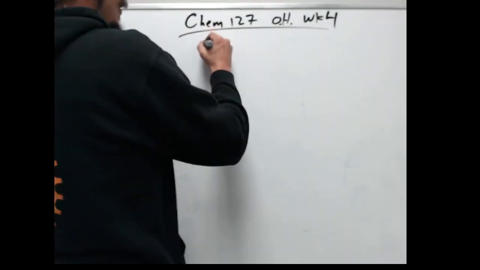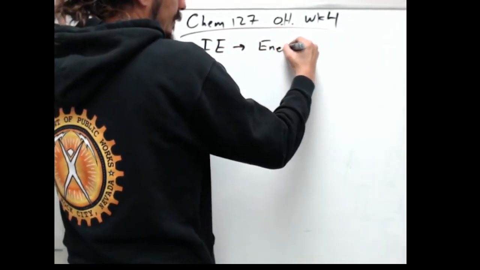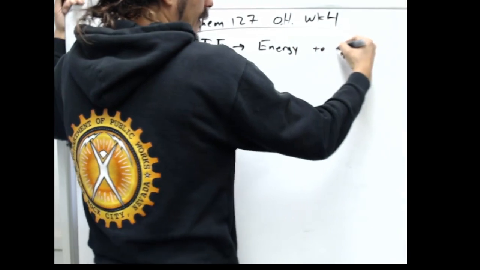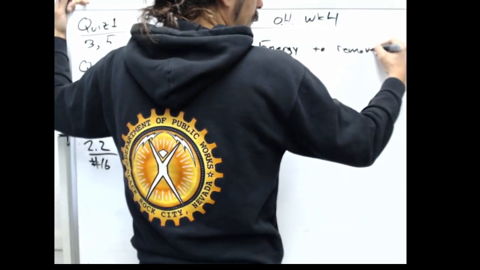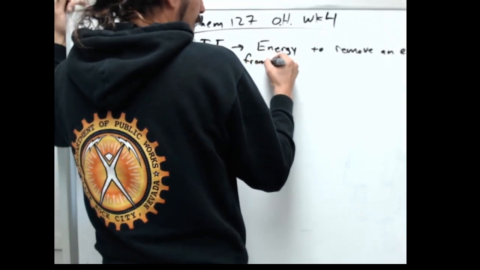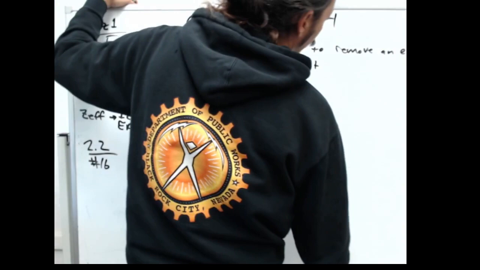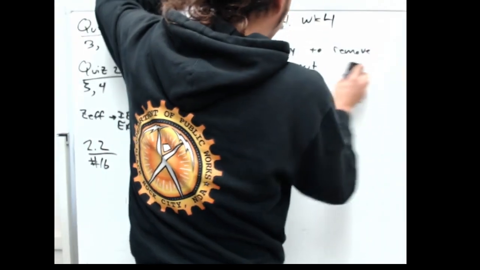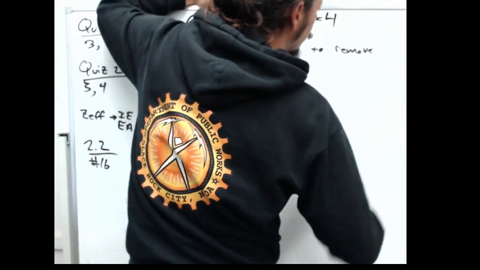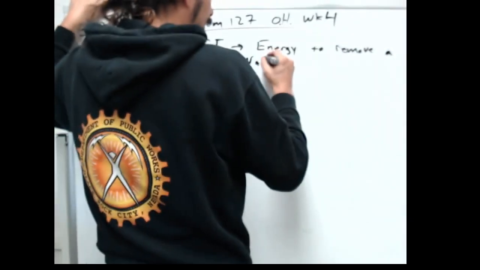So ionization energy is the energy to remove an electron from a neutral atom. I should be more specific. It's not just any electron, it's a valence electron.